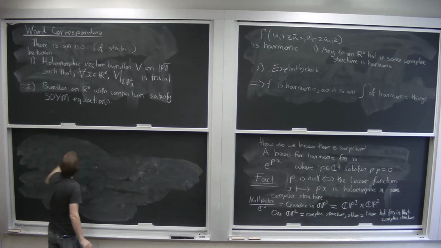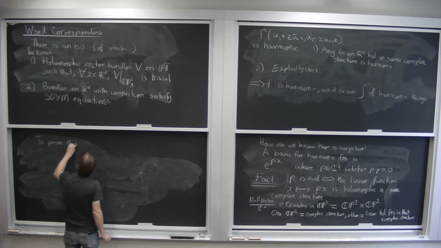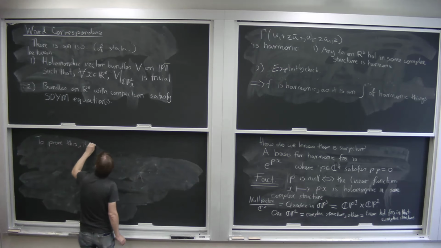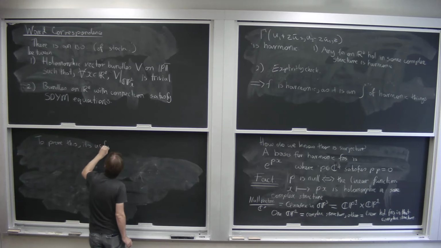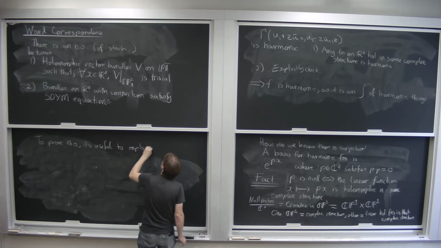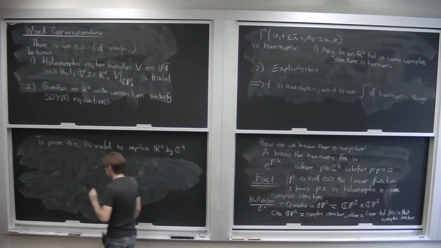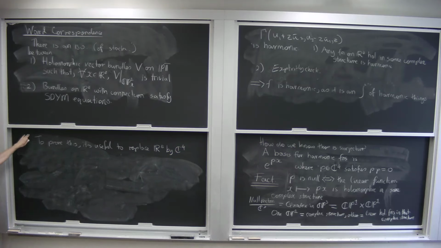So to prove this, it's useful to replace R4 by C4. Before we get to the proof, we're going to have to do a little bit of background on generalizing the twistor correspondence.